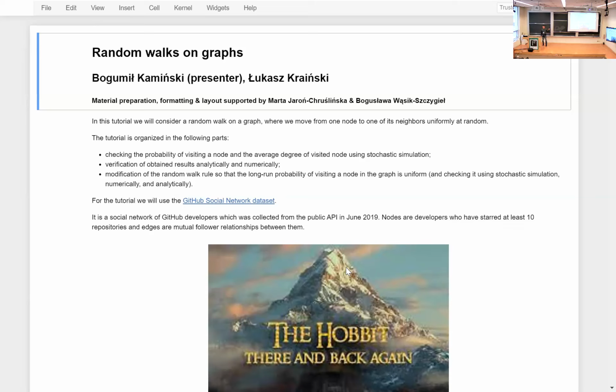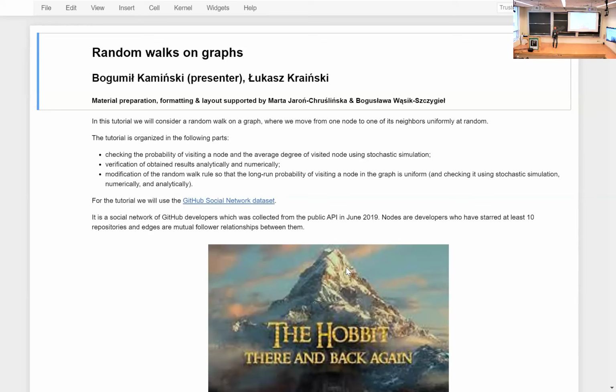So we start from simulation, go through a numeric model and finish with an analytical solution. And we will learn, or probably you know, that actually this is not a uniform walk. So not all nodes are visited with the same probability.